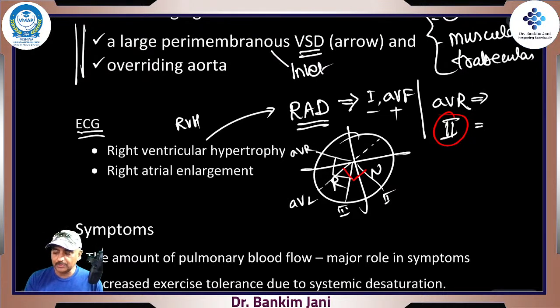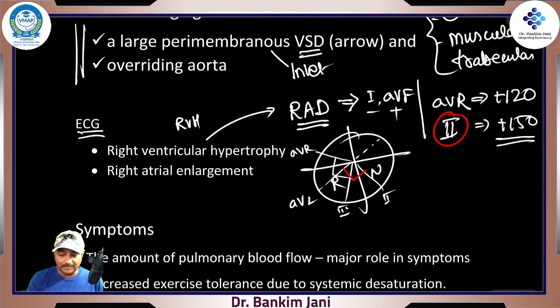So that's what we'll see, and you know it very well that out of these two, who is isoelectric will give us the degrees. So if AVR is isoelectric, that means this one would be 90 plus 30, so this will be plus 120, and this one would be plus 150, right? So this is just quickly how we detect RAD, that is right axis deviation.